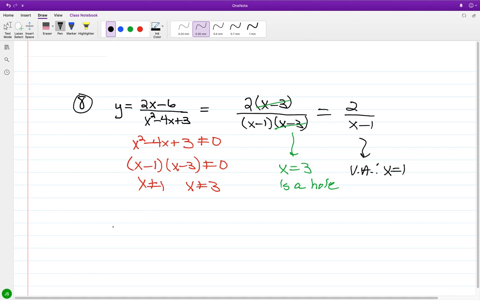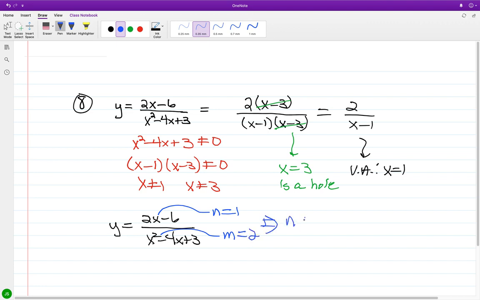Now, in terms of looking at the degree comparisons, and taking what we have now, for (2x - 6) all over (x² - 4x + 3), the degree of the numerator is going to be at 1, and that of the denominator is going to be at 2.